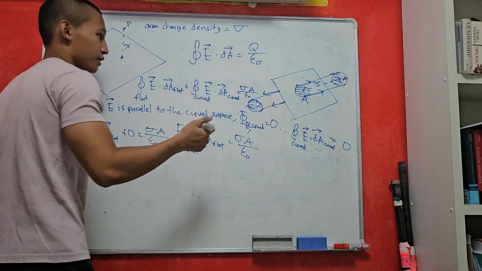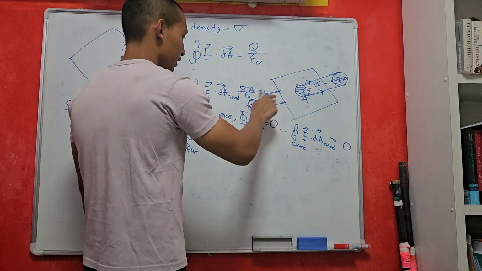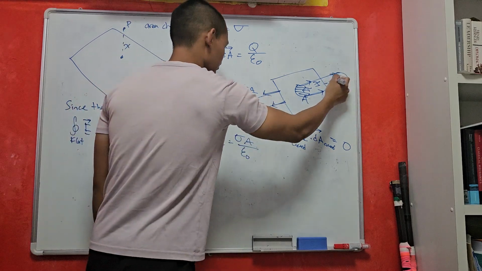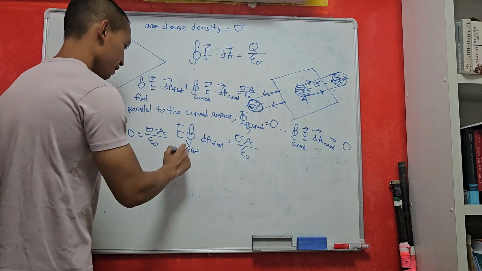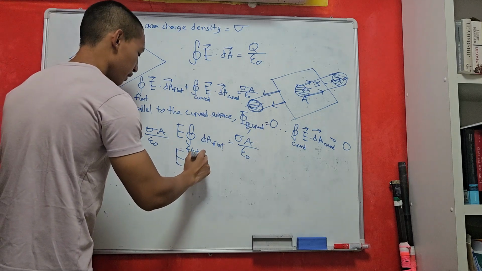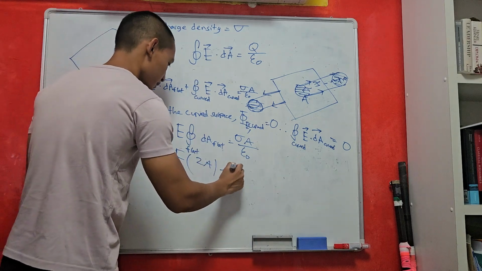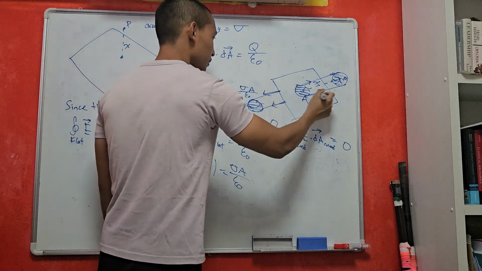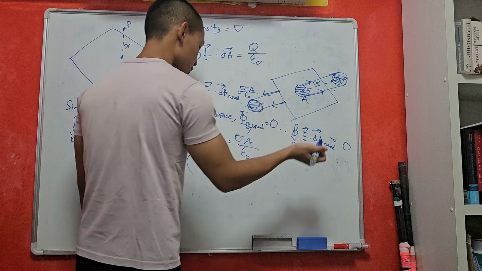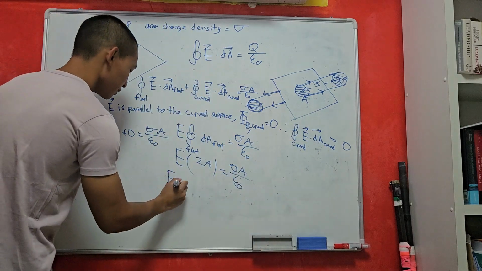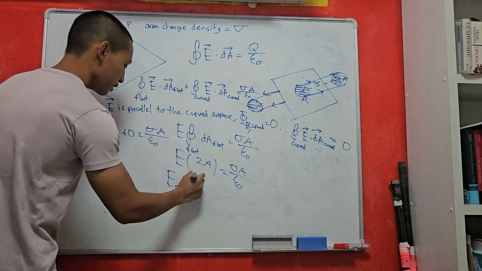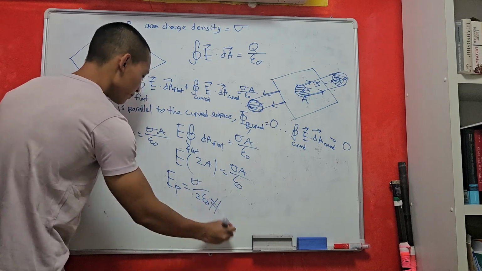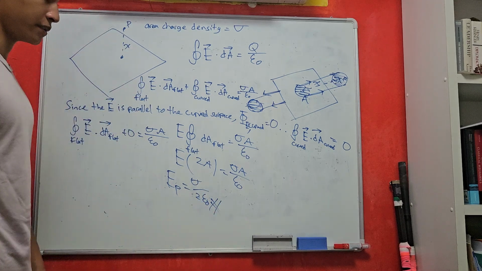There are actually two areas, because the electric field is cutting two flat surfaces, first here and second here. So we can just write it down as E times 2A equals sigma A over epsilon naught. Why A? Because A here is equal to the surface area here too. So E at point P, or electric field at point P, is just equal to sigma over 2 epsilon naught. And voila, this is the answer to the question.